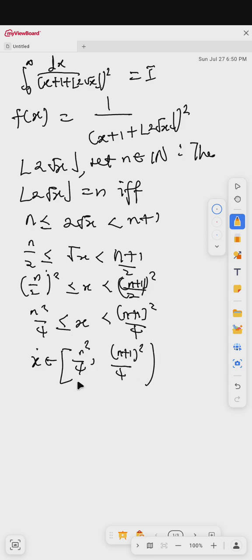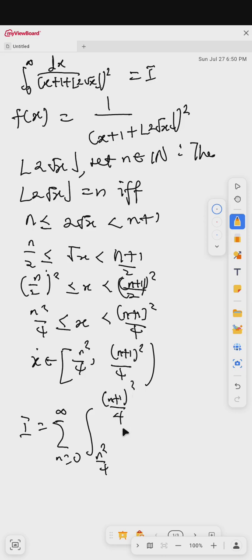So then this original integral will be equal to the summation of n from 0 to infinity of the integral, with the limits changing from n squared over 4 to (n plus 1) squared over 4, of x over (x plus 1 plus n) everything raised to the power of 2.